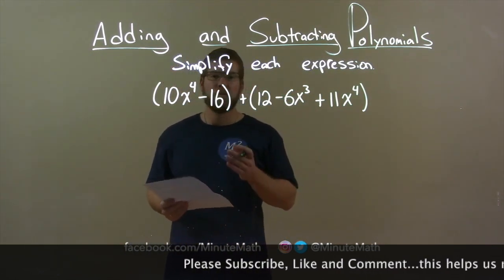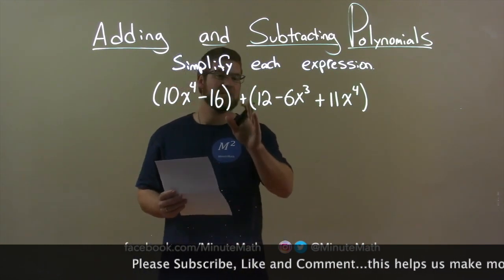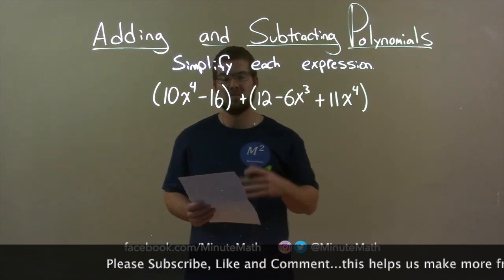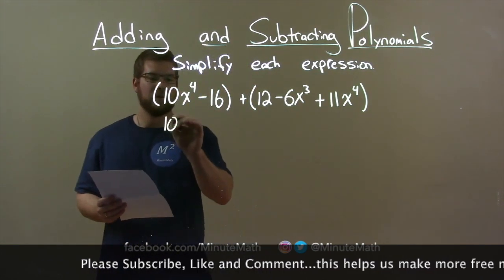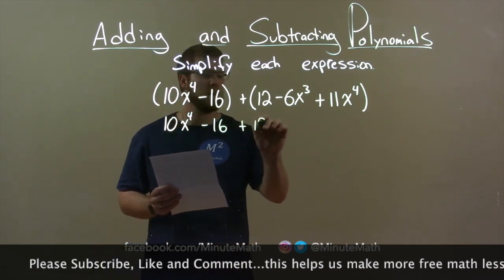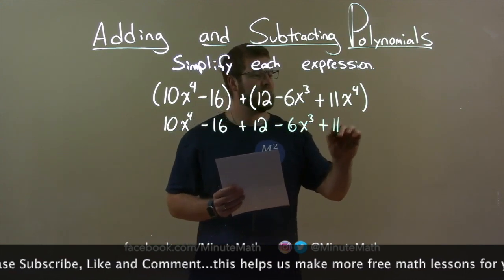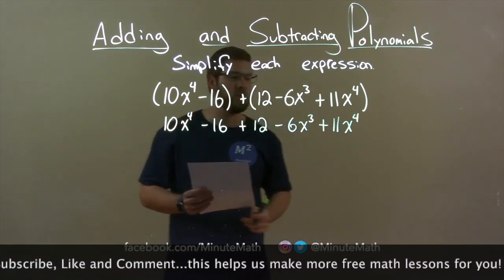There's not. So now we need to bring it all together. The plus sign out front really doesn't change anything between these two parentheses. So now we can move down without them. 10x to the fourth minus 16 plus a 12 minus 6x to the third plus 11x to the fourth.